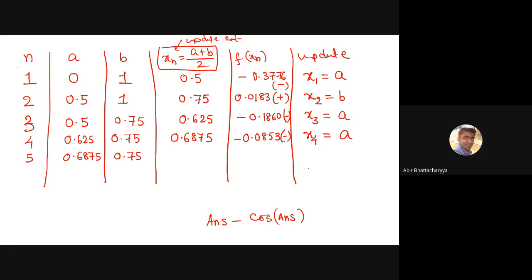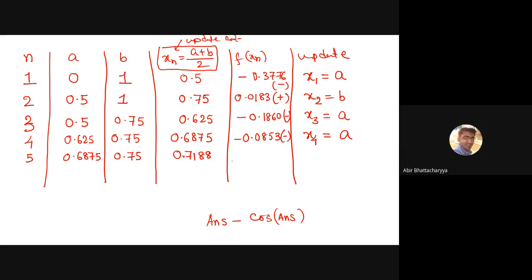Now tell me what is xn. The midpoint is 0.7188. All right, 0.7188. And what is the function value?